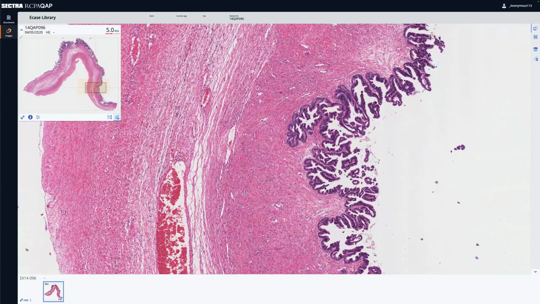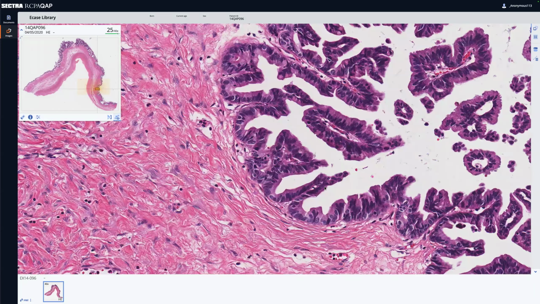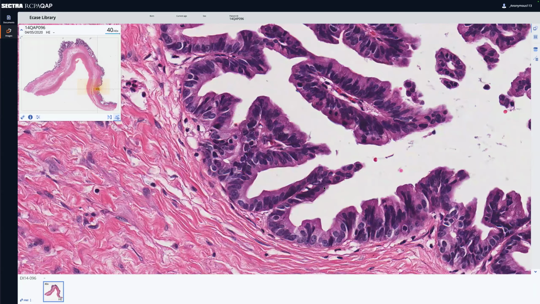All right, what kind of cells are these, team? What do these look like? All right, so you're thinking endometrioid cells.